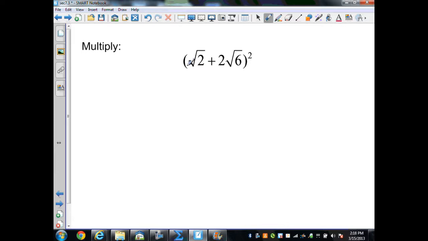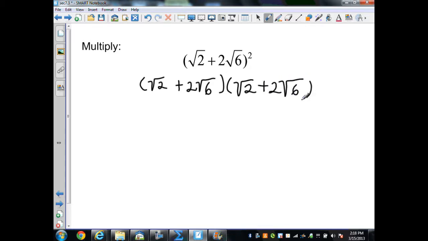Very similar to our last example, I have a binomial that is squared, so I can break that up into a product of its binomial. So I'm going to have the square root of 2 plus 2 square roots of 6, and again, square root of 2 plus 2 square roots of 6. Now I can FOIL. The square root of 2 times the square root of 2 is the square root of 4.